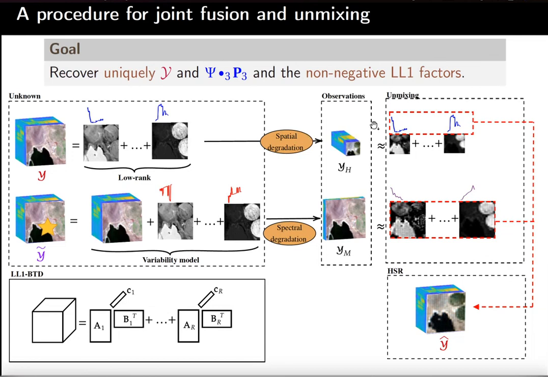From the hyperspectral image, we can obtain high-resolution spectral signatures. And from the multispectral image, we can obtain high-resolution abundance maps. And given the LL1 BTD model, we can recover the super-resolution image Y. Similarly, the multispectral image YM also gives us low-resolution spectral signatures that are corrupted by the variability phenomenon.